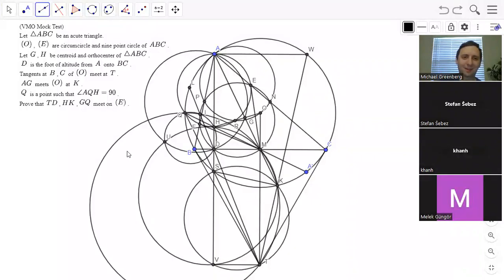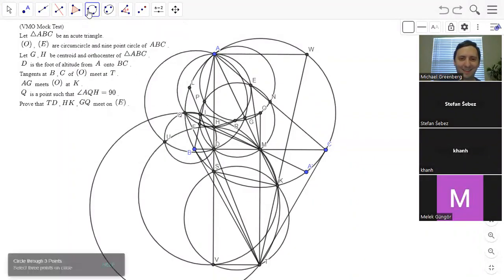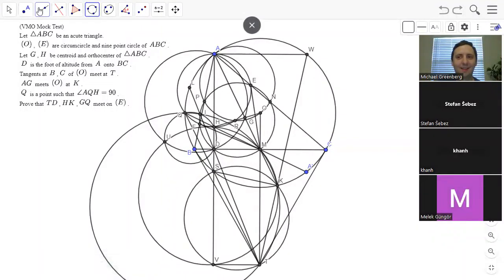You think there are any more cyclic quads here? I think not a cyclic quad, but some more progress.